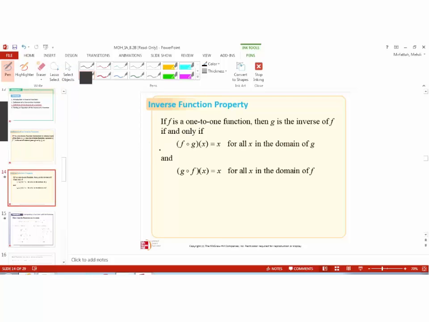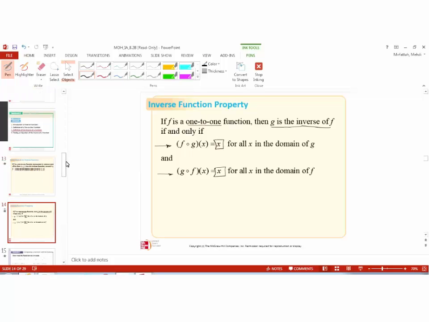If the composition of f with respect to g of x and the composition of g with respect to f of x has to be equal to x, then we can conclude that if f is a one-to-one function, then g is the inverse of f.